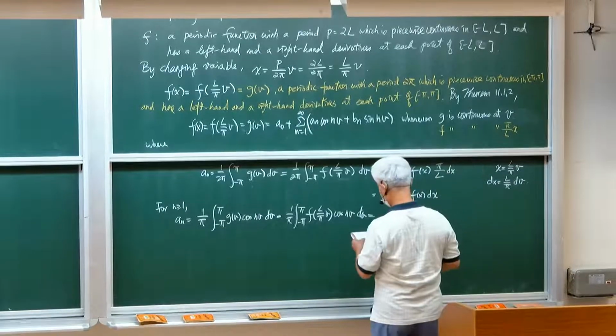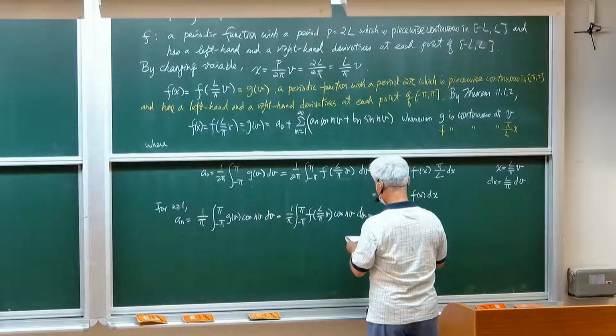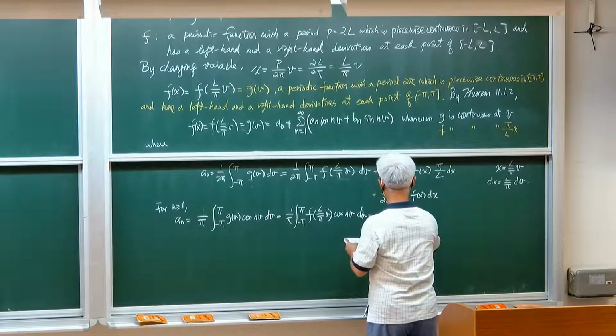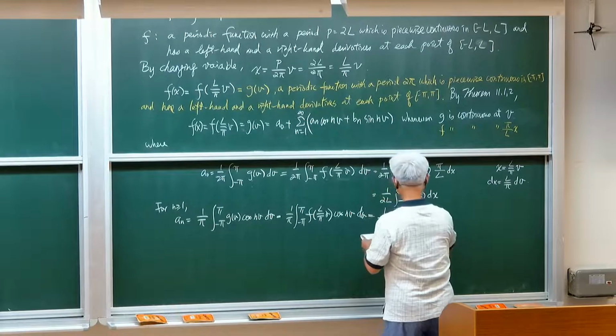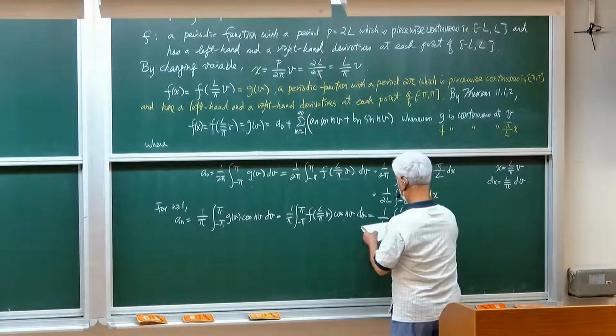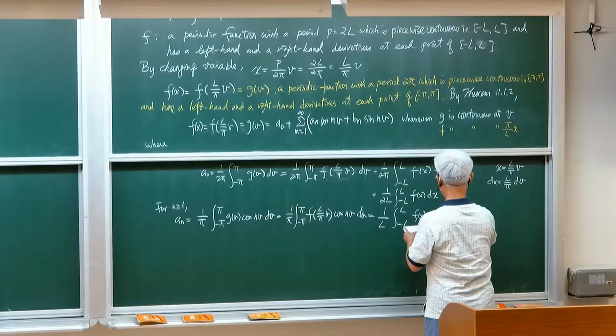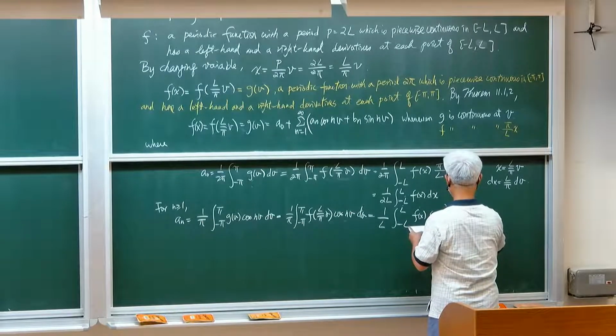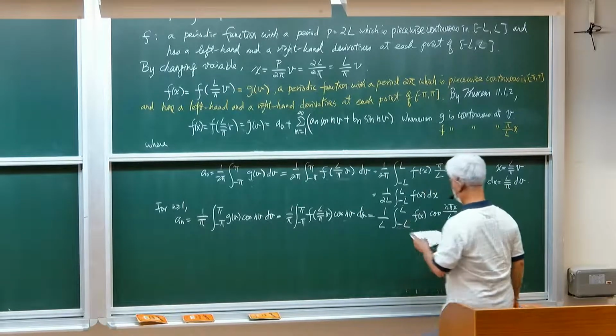So when we do the same change of variable, we have 1 over L, the integral from minus L to L of f of x times cosine n pi x divided by L, dx. Okay?